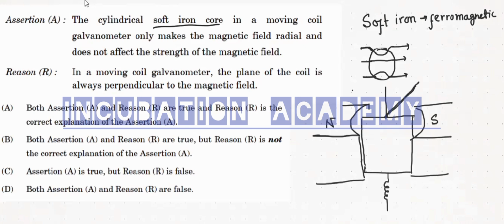Now, if a cylindrical soft iron core like this is added on this rectangular wire frame, then what will happen? If I want to see the top view, it looks like a circle.